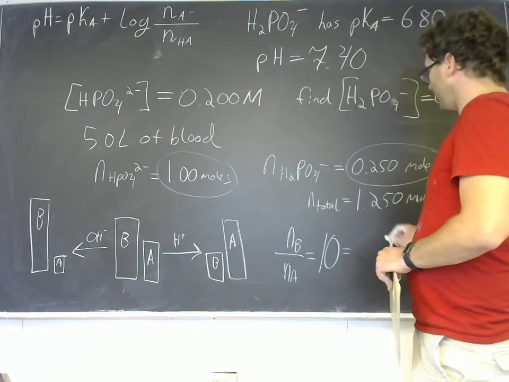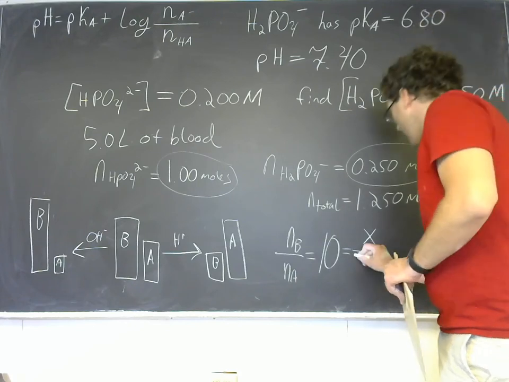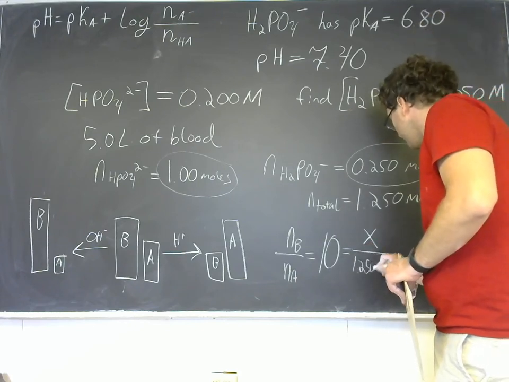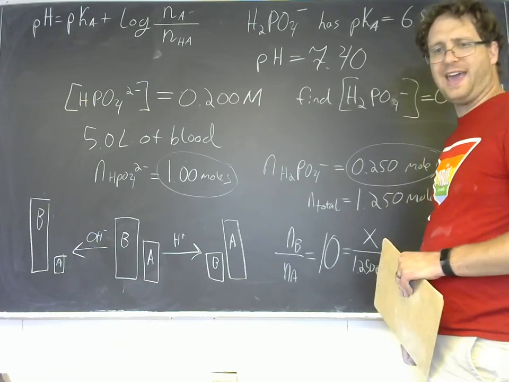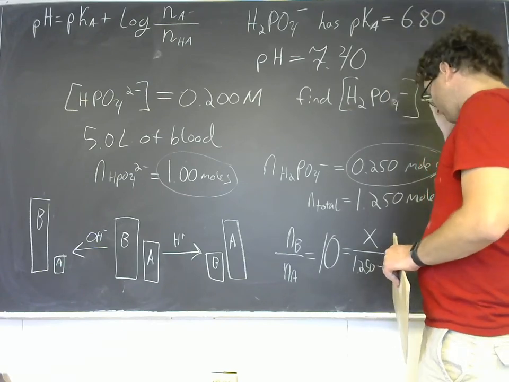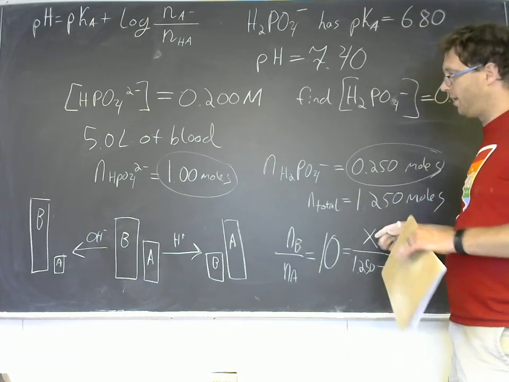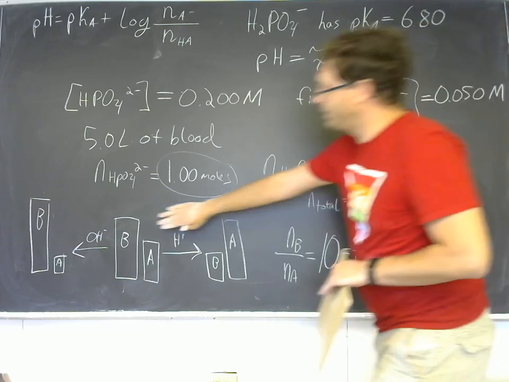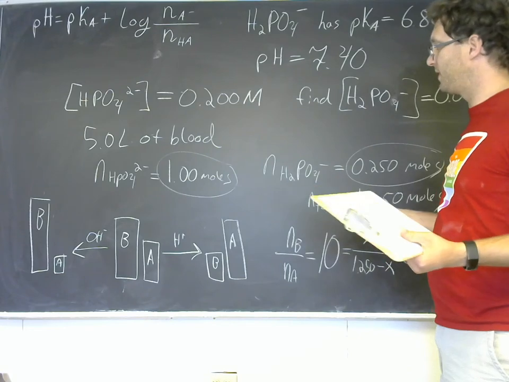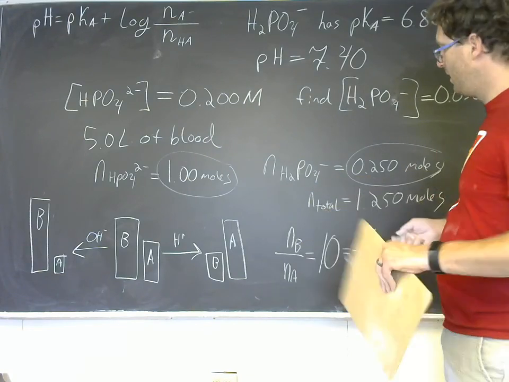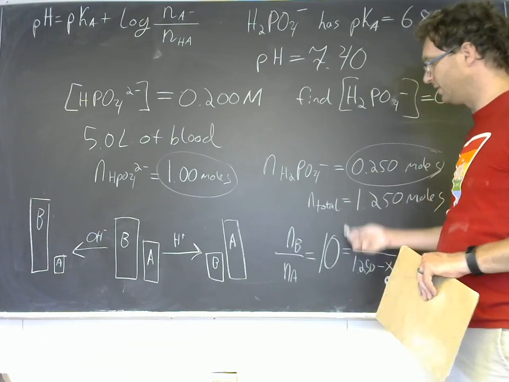And that is going to equal when I have X number of moles of B and 1.250 minus X number of moles of A. This way I can figure out exactly how high my B column needs to be in order to represent that limit of buffer capacity where the number of moles of base over the number of moles of acid is equal to 10.